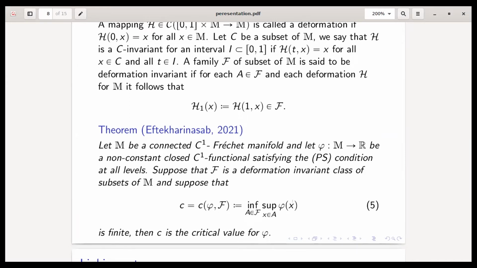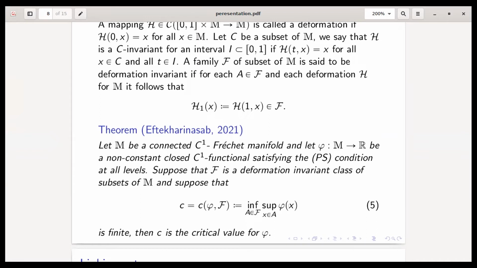This expression is now widely known as the minimax principle. This principle was first proved for the case of Banach manifolds by Lusternik and Schnirelman, and it plays a significant role in critical point theory.